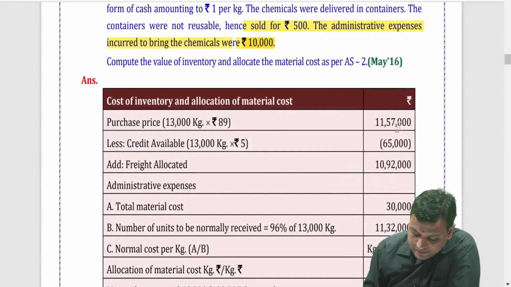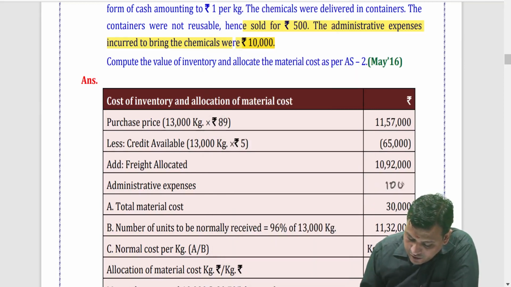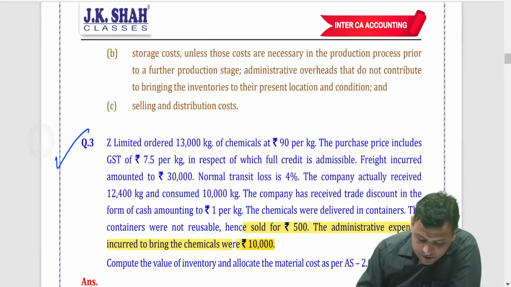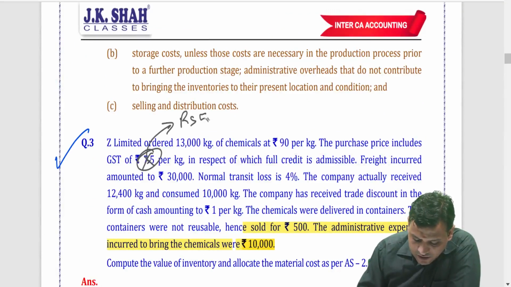Purchase price 89, so you get 65. Freight 1092. Many of you had a doubt, how can 1092 plus 30 become this? No friends, admin expense of 10,000 is to be added here. Yeah, it's not been printed here. One more point I would add: in this question, this is not 7.5, basically this is rupees 5.